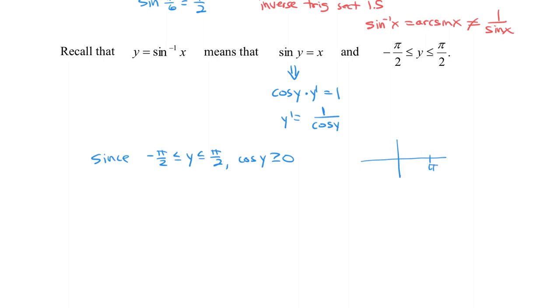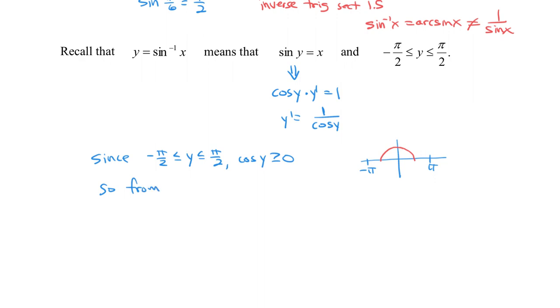This is pi, and this is negative pi. Well, we know the cosine graph goes through zero at pi halves and negative pi halves, right? It goes something like this. So as long as we're between negative pi over 2 and pi over 2, this cosine is going to be greater than or equal to 0.